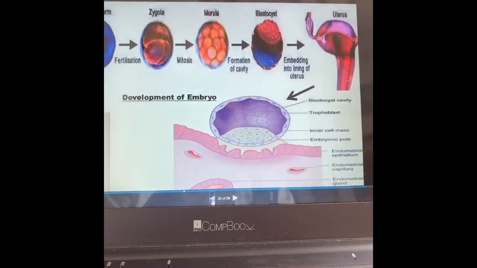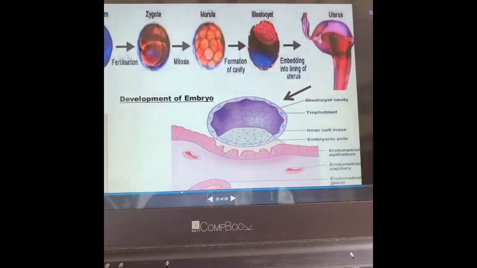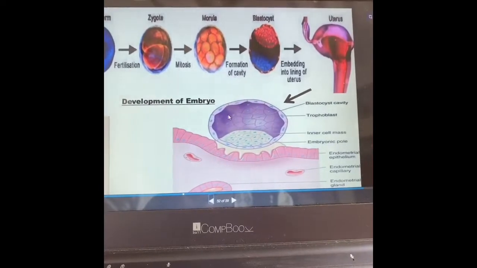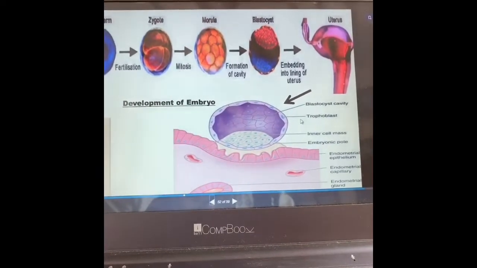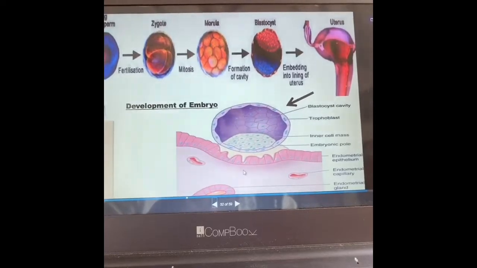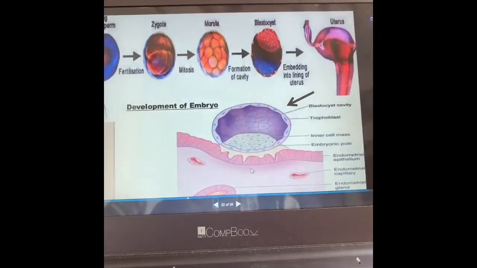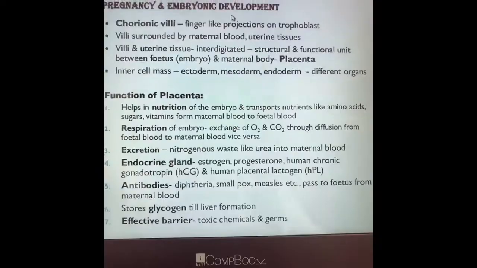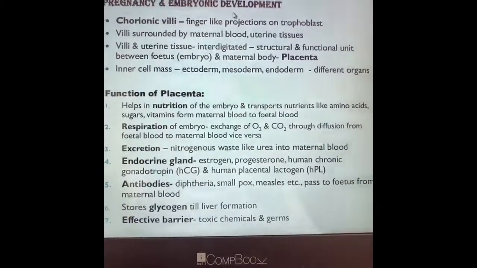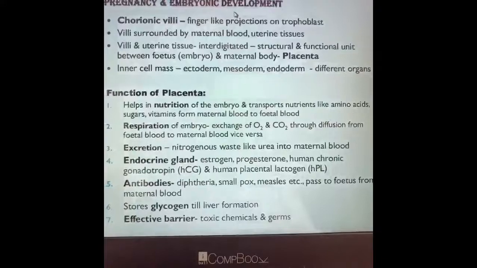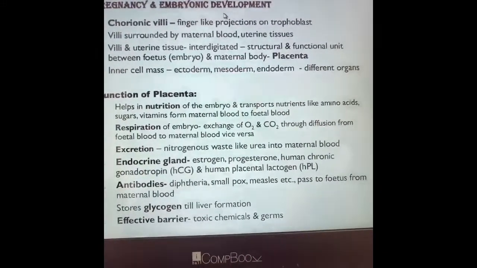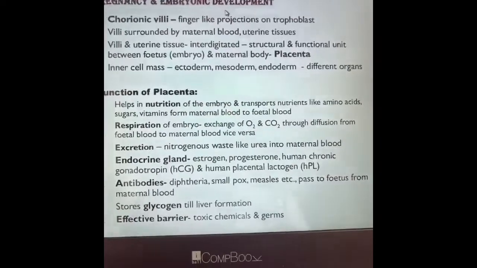Here's again another slide. Zygote, morula, blastocyst. Development of the blastocyst, that's the trophoblast. It gets embedded in the walls of the endometrium and starts developing the fetus. Now there are chorionic villi, finger-like projections on the trophoblast. The villi are surrounded by maternal blood and uterine tissues.